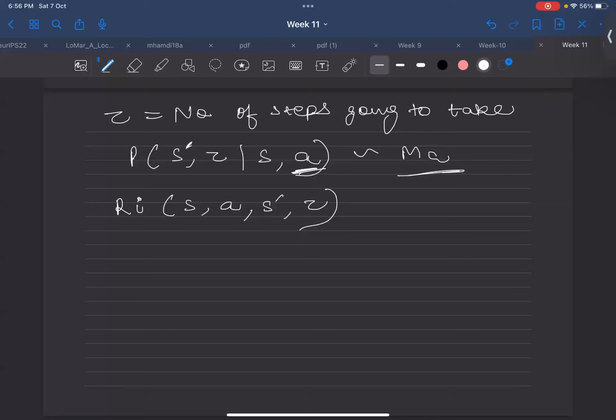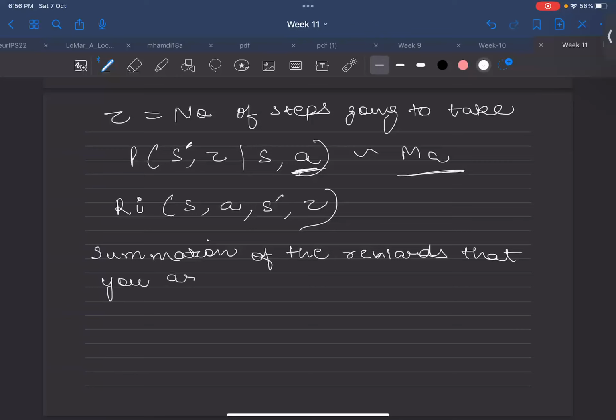Is it for the whole MDP? Yes. Can I say it's the summation of the rewards that you are going to get while action A is being executed?